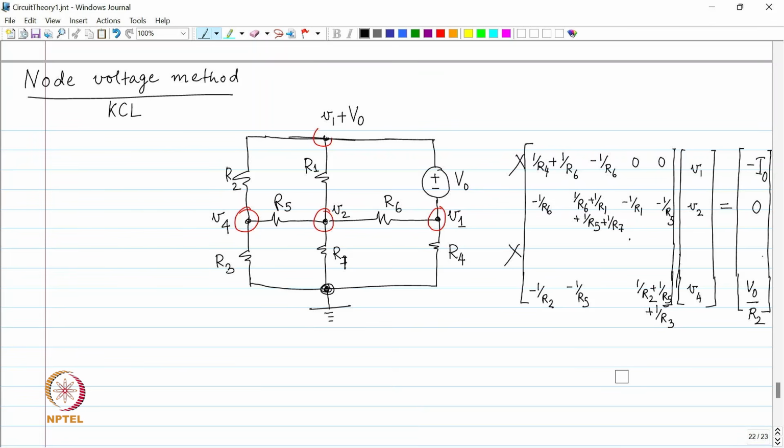Is this okay? Is the last row okay? Okay. And the second row, let us fix the second row.